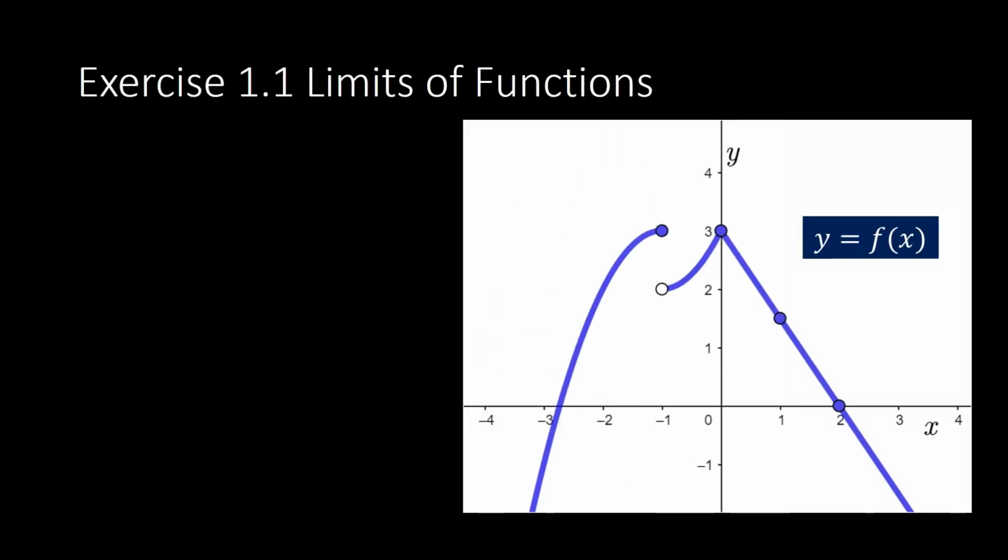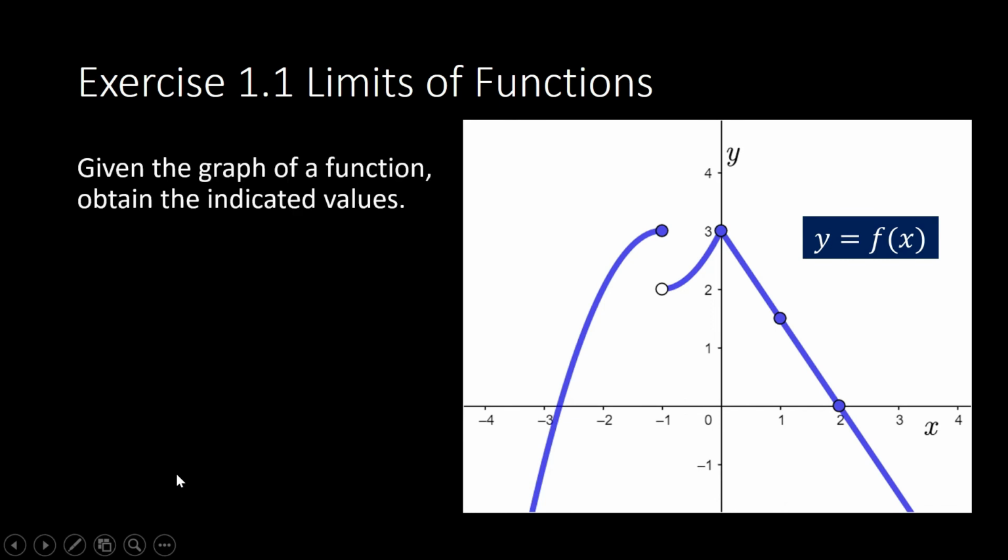We are still working on the same function. What is the limit of your function as x approaches 0? So again, we must look for the limit as x approaches 0 from the left. So the limit of your function as x approaches 0 from the left is equal to 3.